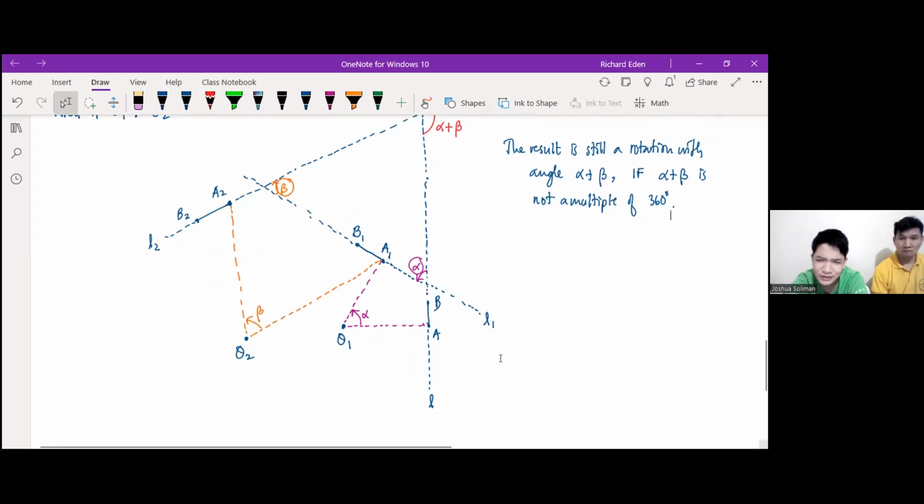All right. If it is a multiple of 360 degrees, then it's just degenerate. Well, let's see what would happen if it was a multiple of 360 degrees.